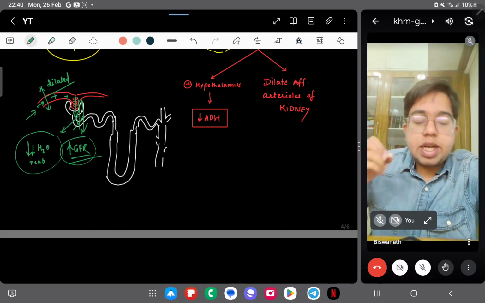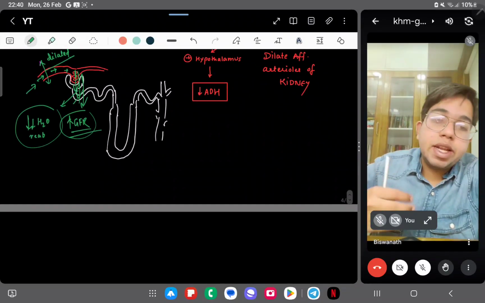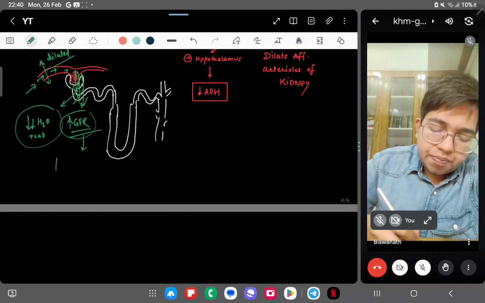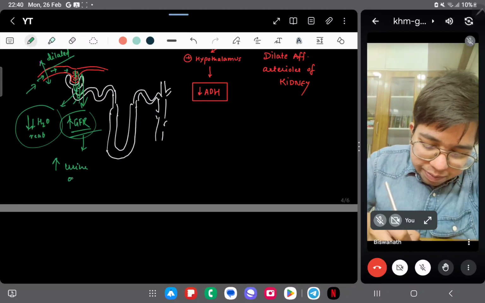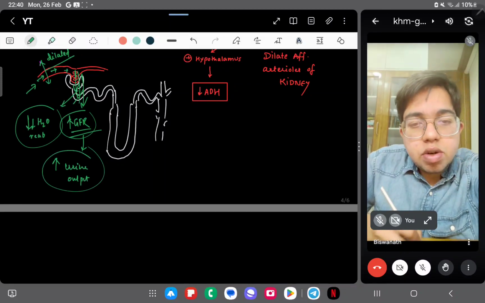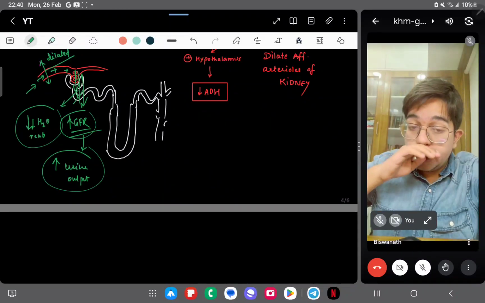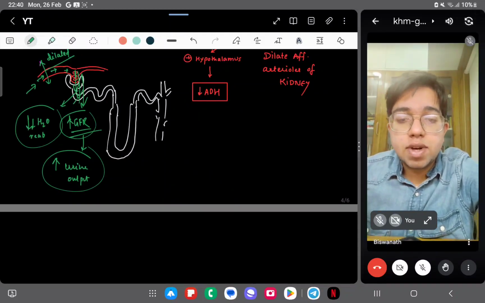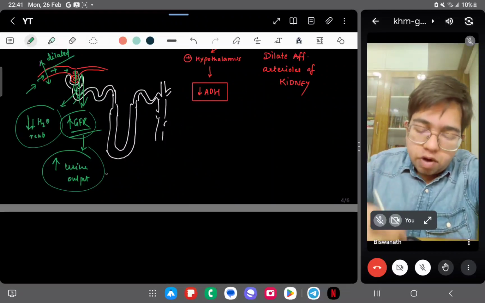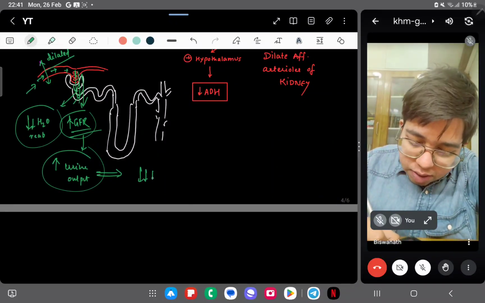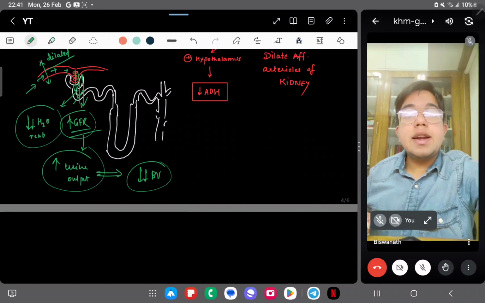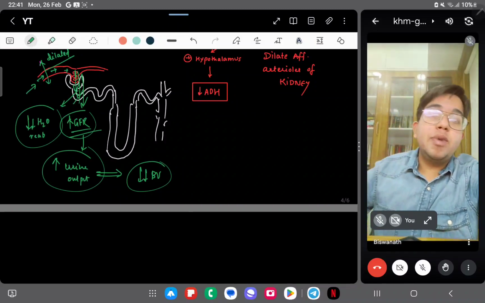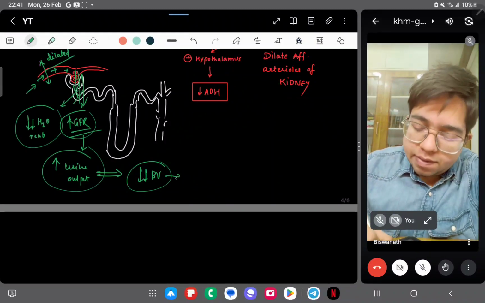And if there is decreased water reabsorption, there will be increased urine output. And what is urine? That is water. So there will be decreased blood volume, and this decreased blood volume will cause a decrease in BP as well.